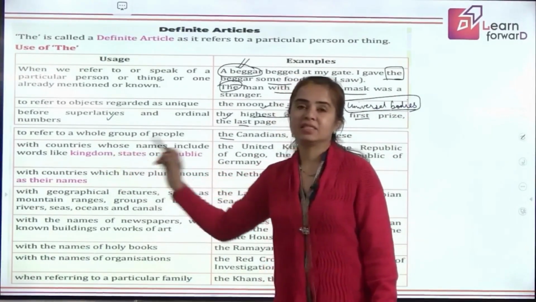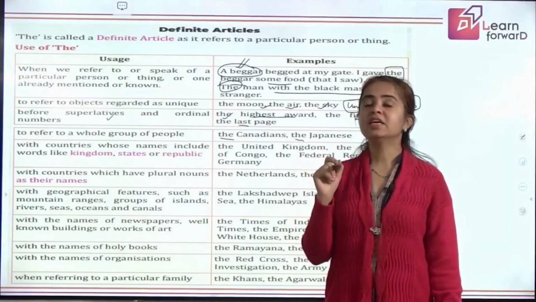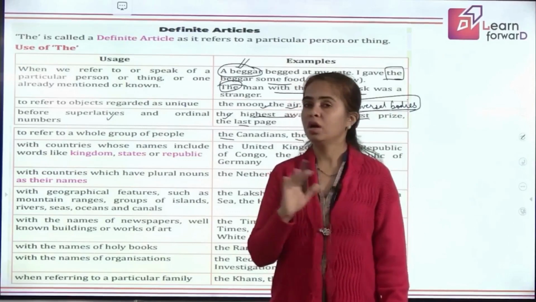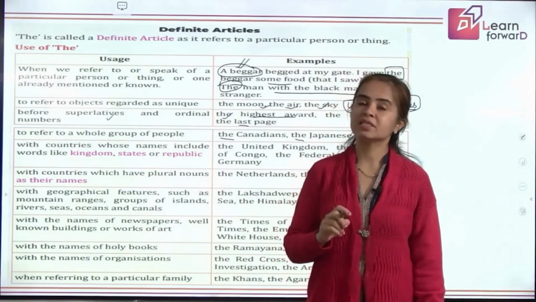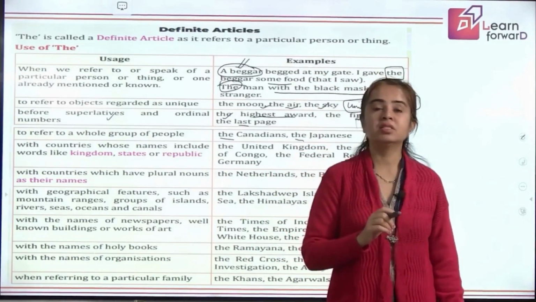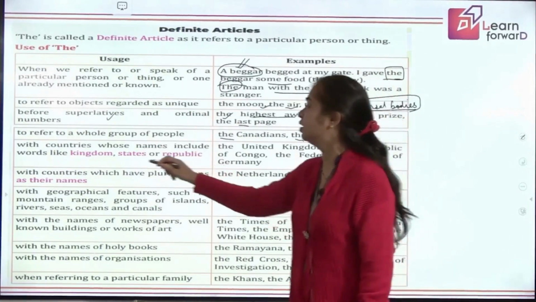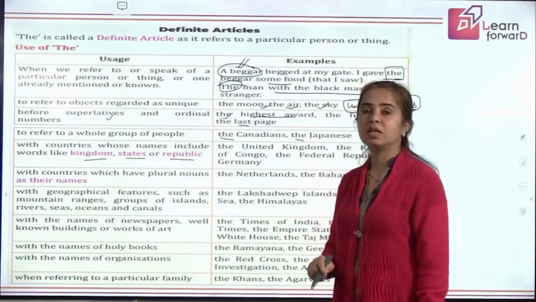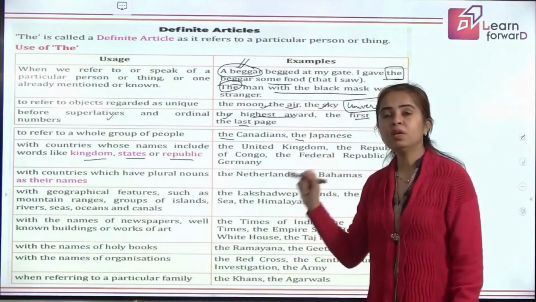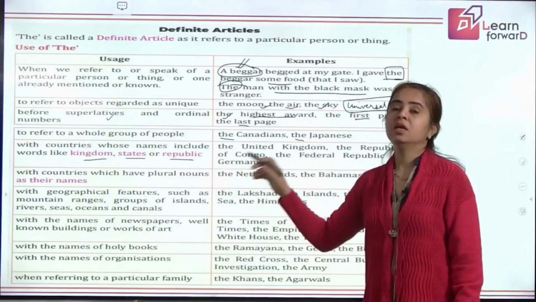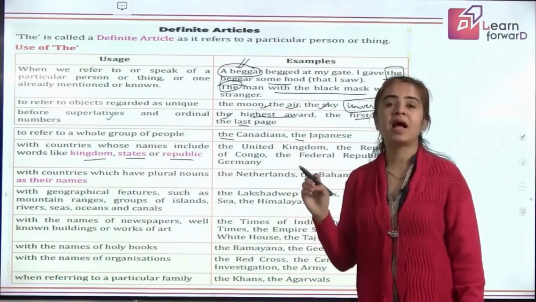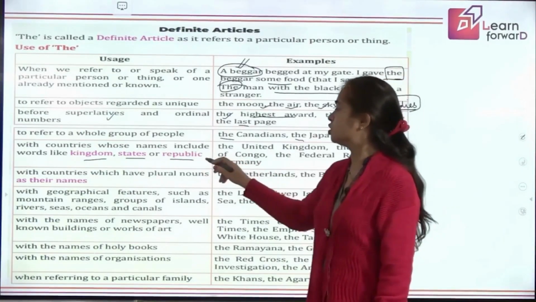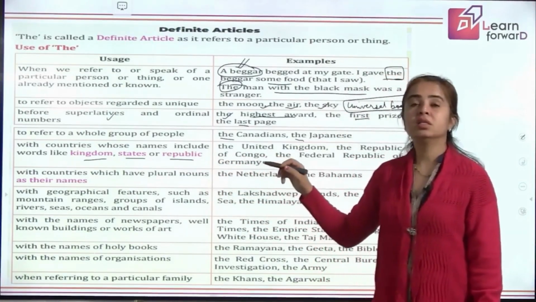Next, yes, this is very important. I said we use the article before common nouns only, not before proper nouns. But yes, there are a few countries, the names of which have the word kingdom or states or republic. These words are there in their names. So only with the names of these countries, the countries that have union or united in their name, we use the article the before their name.